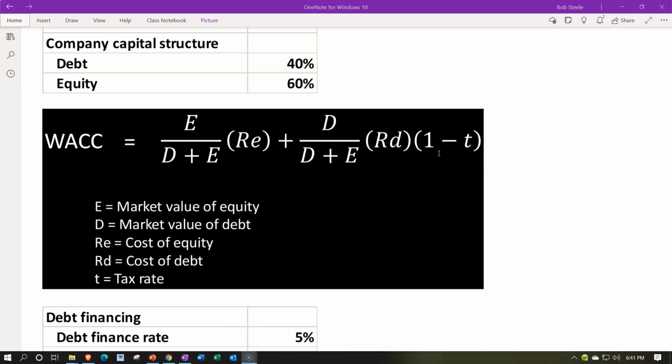When we're taking a look at the debt side of things, we have to take into consideration the fact that taxes will have a significant impact, because if you're financing things with debt, then the cost of that is typically loans or rent basically on the purchasing power, which has to be paid back in interest.